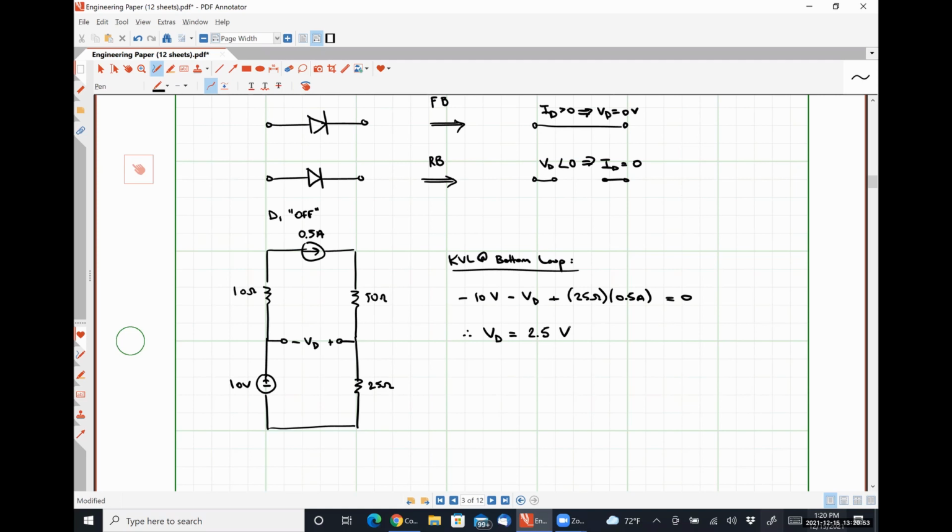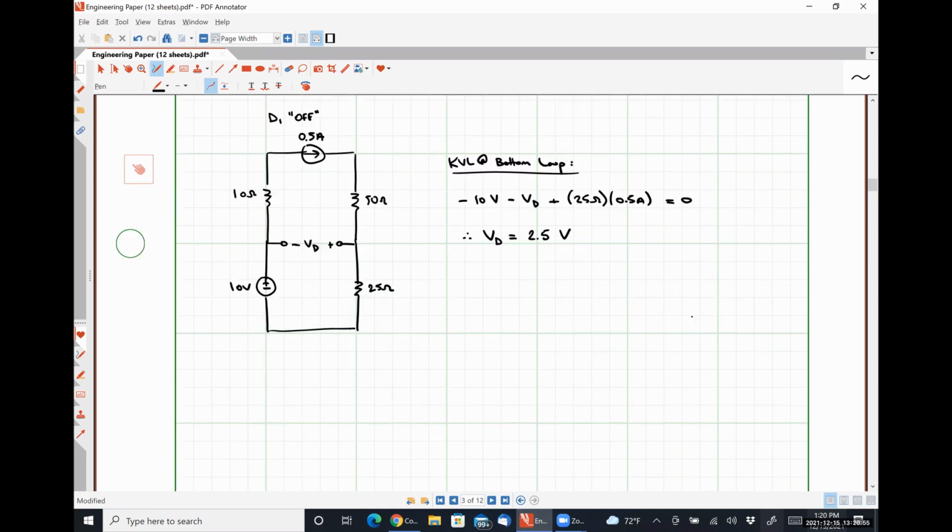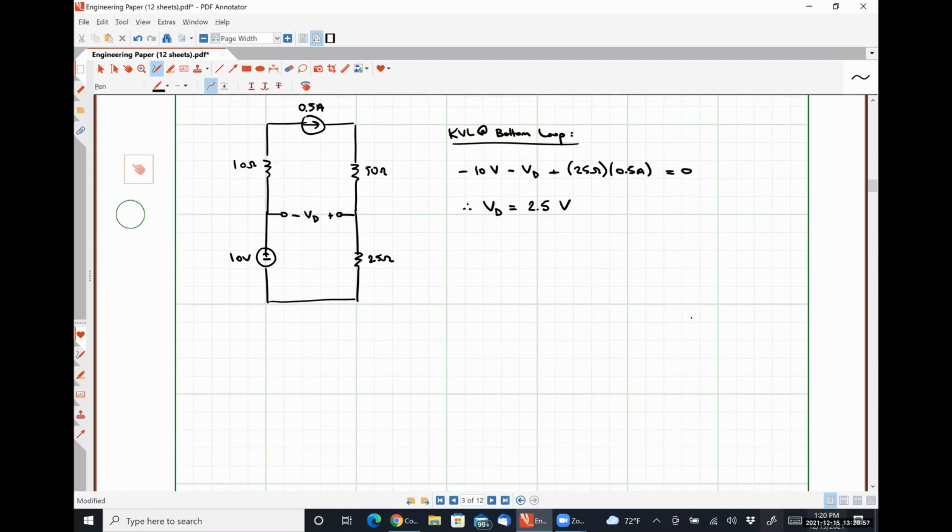Okay? So if we rework the problem and we assume that the diode were on, it would look something like this.